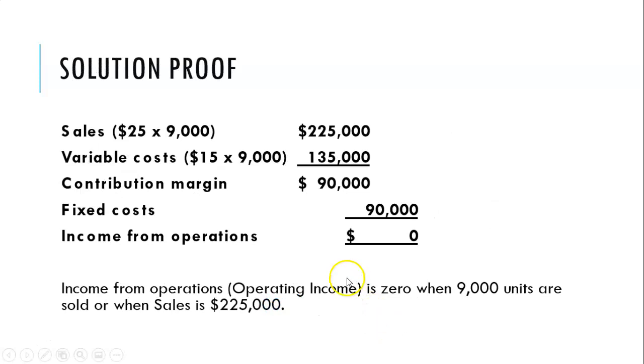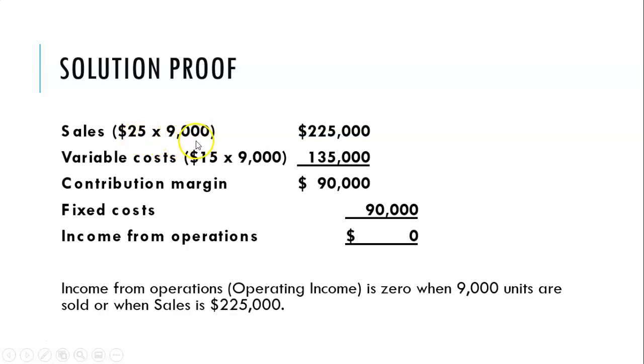So here is where we can see that we're looking at proving that we're right, okay? So our sales price per unit was $25. We multiply that times, we said we'd have to sell 9,000 units to break even.